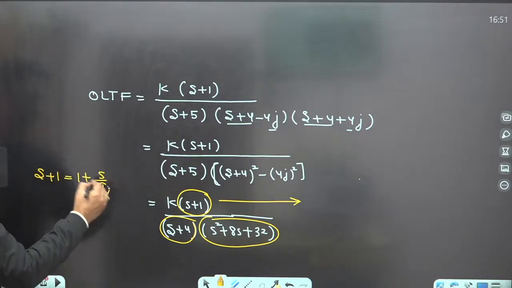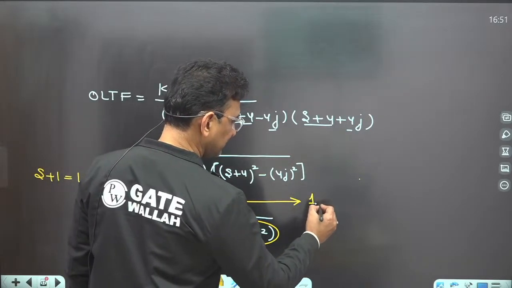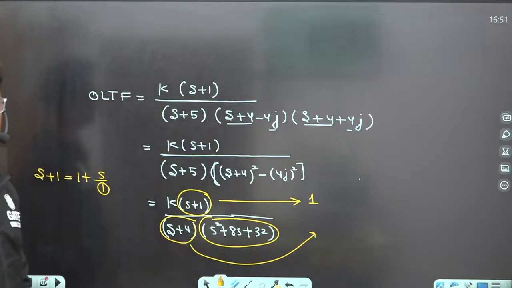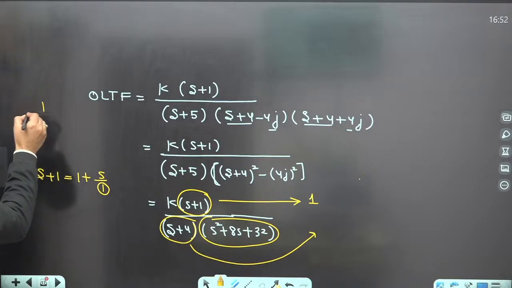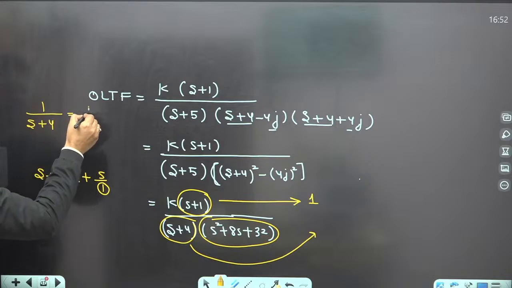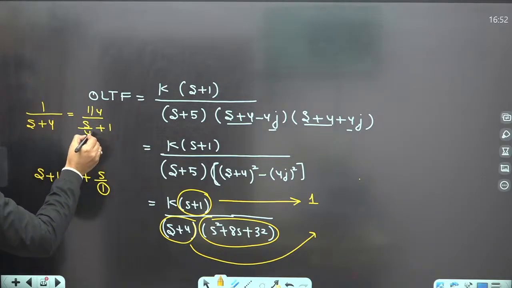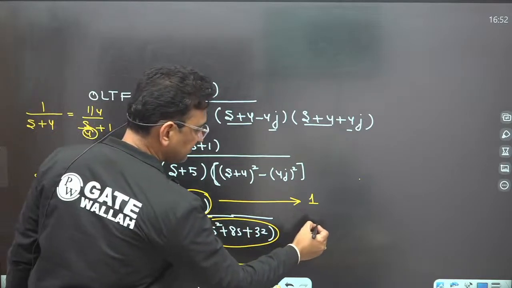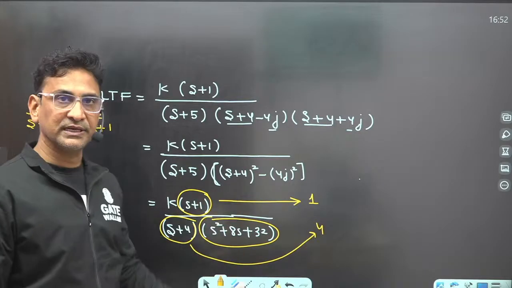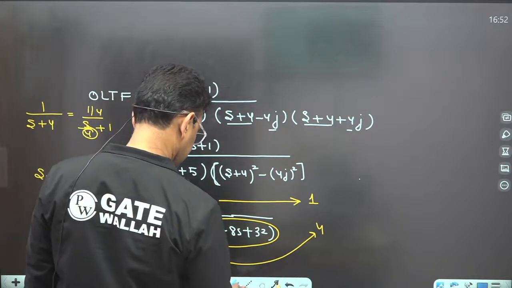So 1 is the corner frequency. For this factor, the corner frequency is equal to 1. Now tell me, what is the corner frequency for the factor 1 upon s plus 5? It becomes s upon 5 plus 1. The corner frequency is 5. Oh, sorry, this is the 5.